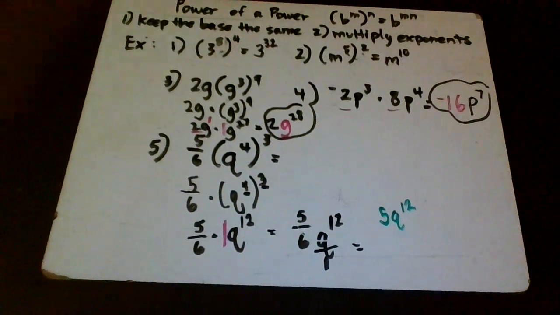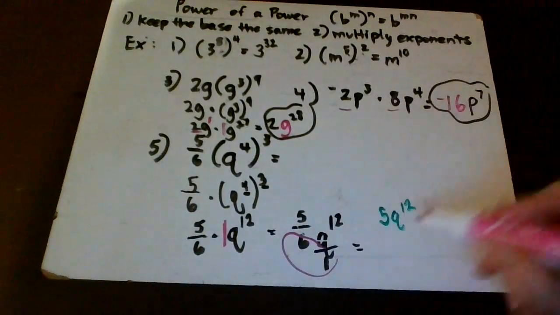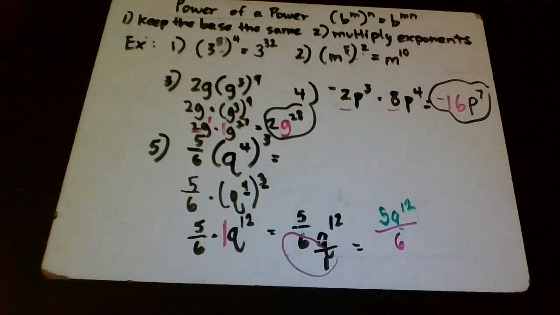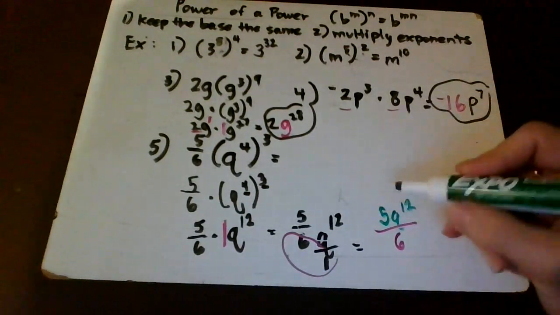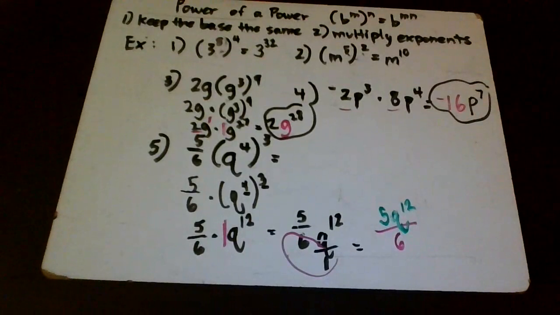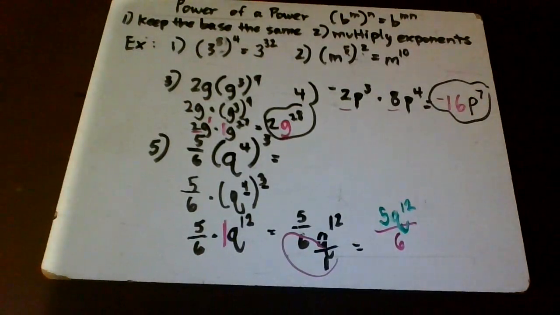And then if I multiply the denominator, I have 6 times 1, which is 6. Now that's probably the best way to write it. And I really want you guys to push yourself to write it in this format because it's going to make a difference later when they get more complicated. So the best way to write this would be 5q to the 12th all over 6.